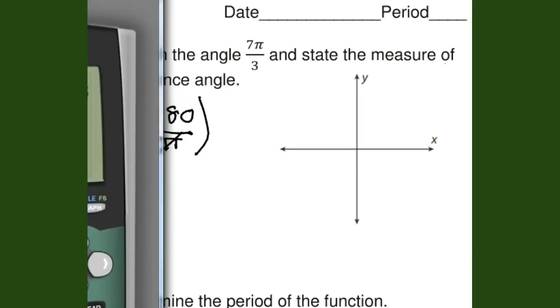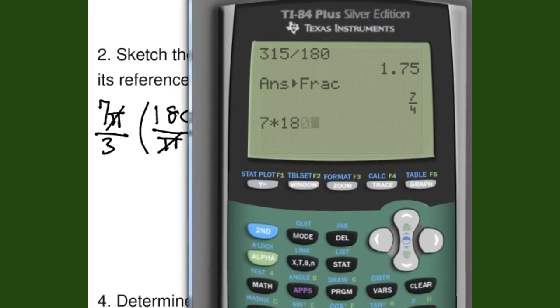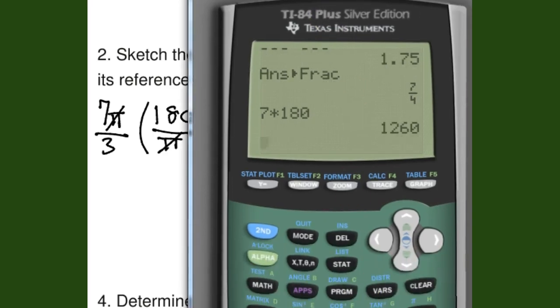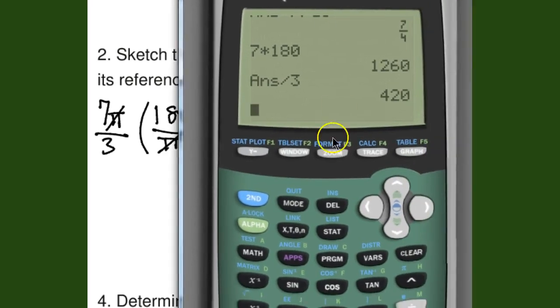So get the calculator here. I'll do 7 times 180. That equals, and then divide by 3. All right, so that's a 420-degree angle. So I'm going to subtract 360 since it's more than 360. So that's really a 60-degree angle.